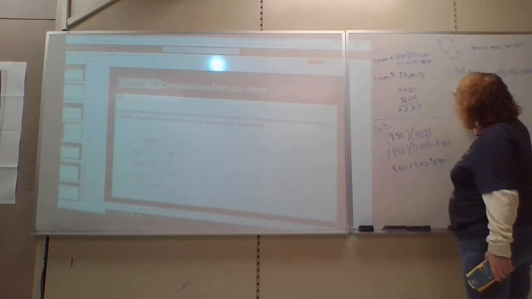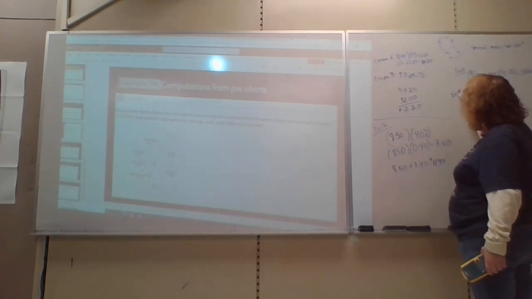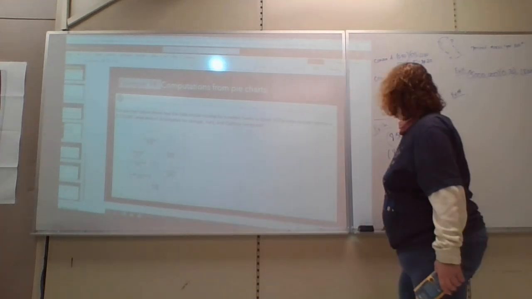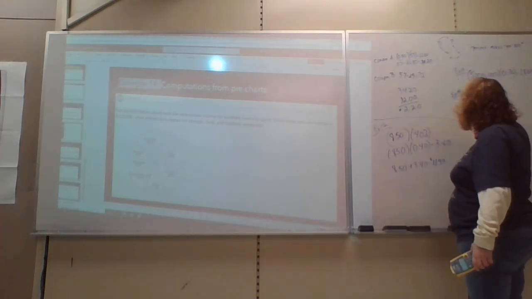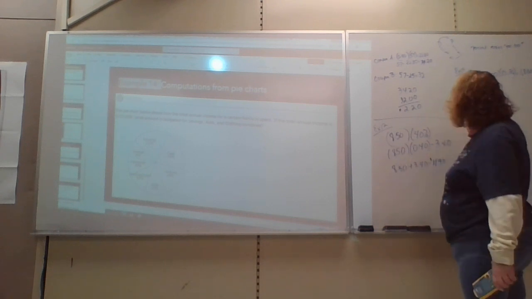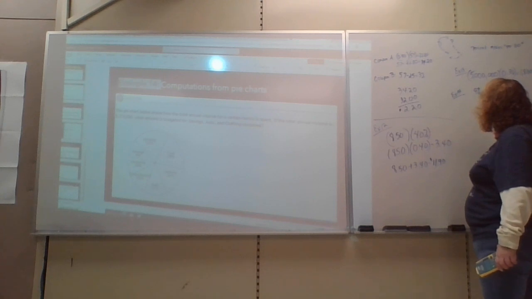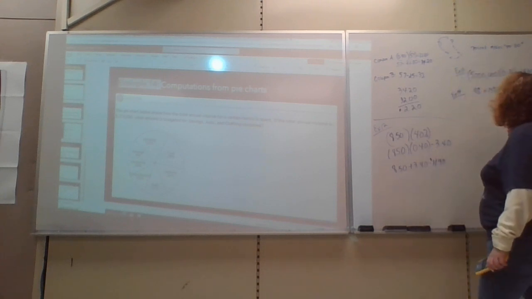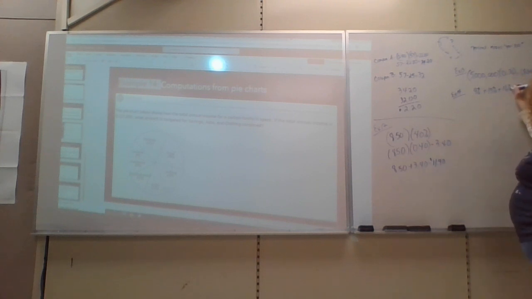So example 14. What is the percent for savings? 9%, added to auto, 13%. And clothing is what, 16%? So what is 9% plus 13% plus 16%?